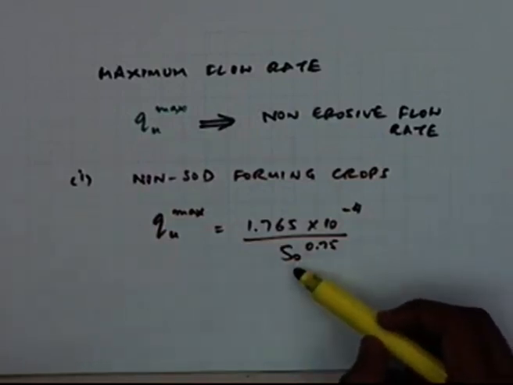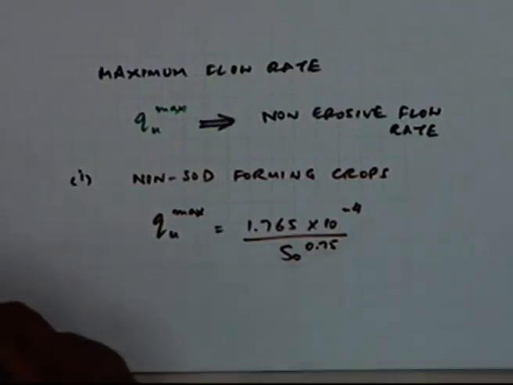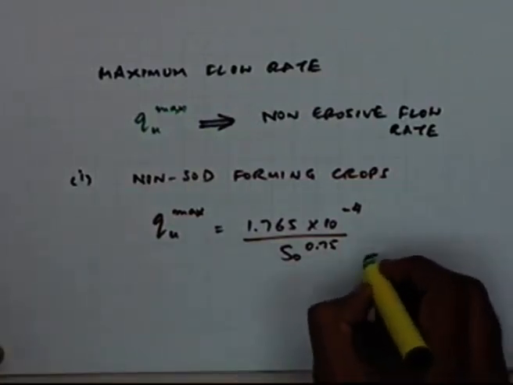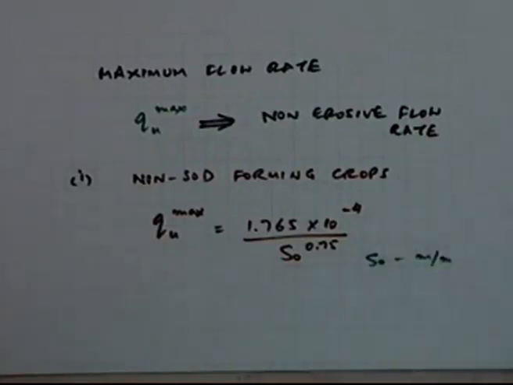Where S naught is the slope in meters per meter.